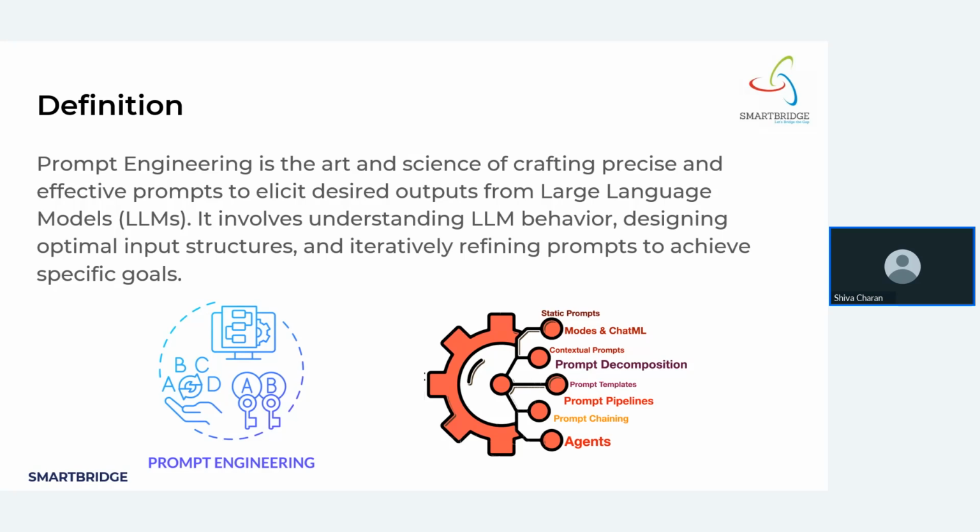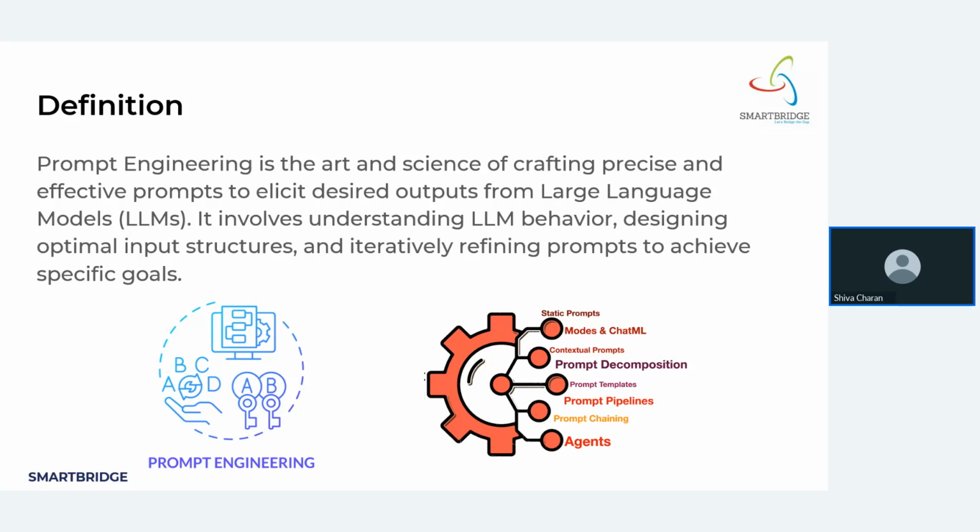What it is saying, it involves understanding LLM behavior, designing optimal input structures, and iteratively refining the prompts. Iteratively refining the prompts, why? To achieve the specific goals. Okay. So this is the prompt engineering definition. But the thing here is you need to understand what exactly prompt engineering is doing. Previously we had an idea that prompt engineering is nothing but the prompt we give and, based on that, the output we get.